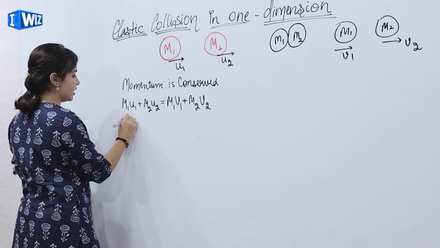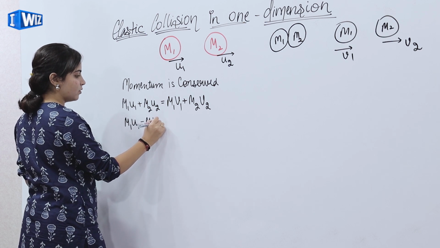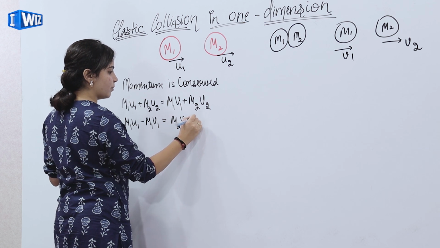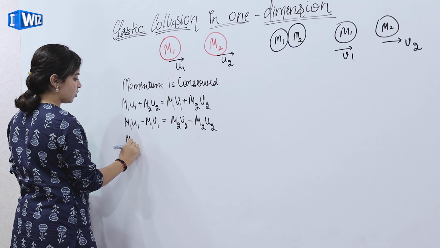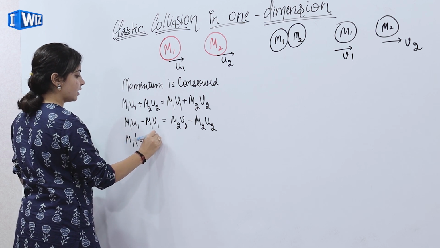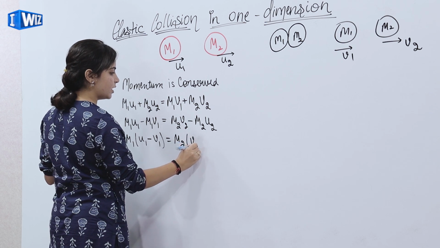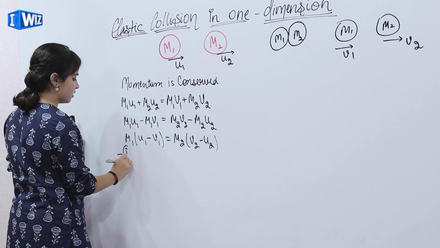We'll do rearranging. m1 u1 minus m1 v1 is equal to m2 v2 minus m2 u2. m1 is common, m1 times u1 minus v1 is equal to m2 times v2 minus u2. So this is equation 1.